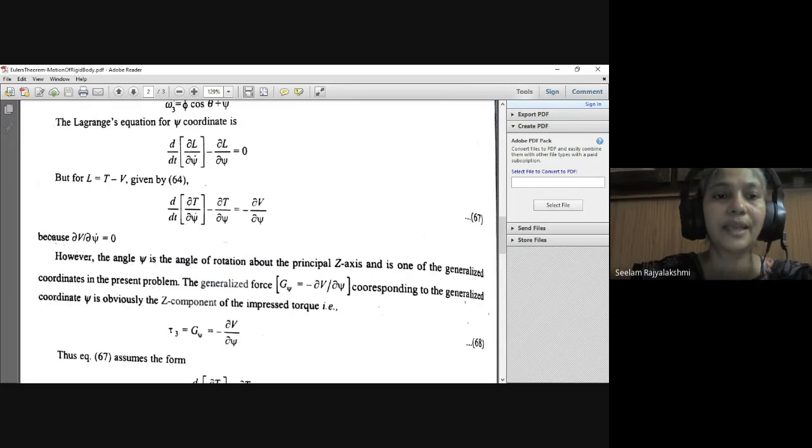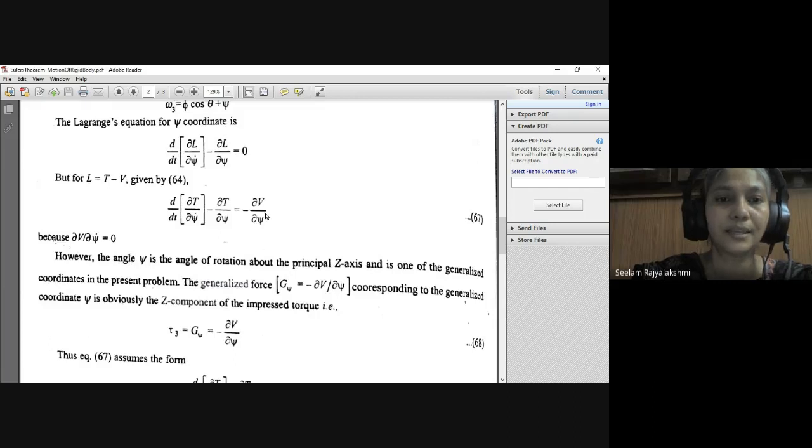However, the angle psi is the angle of rotation about the principal z-axis and is one of the generalized coordinates in the present problem. So the generalized force G psi equals minus dou V by dou psi, as in equation number 67. This corresponds to the generalized coordinate psi, which is obviously the z component of the impressed torque.